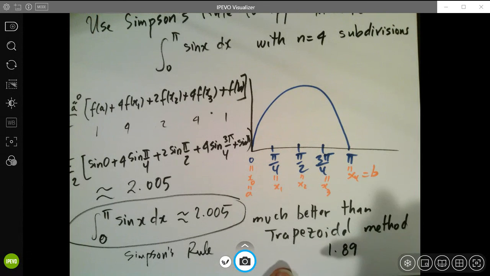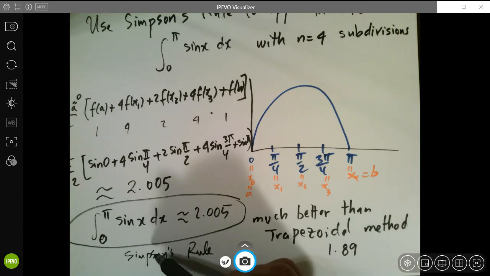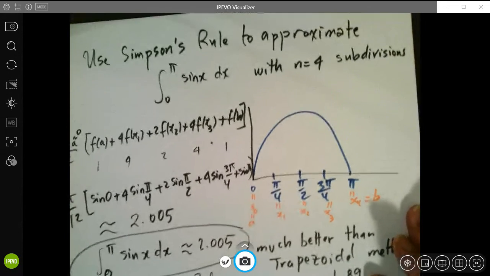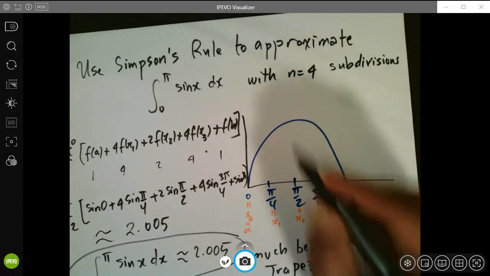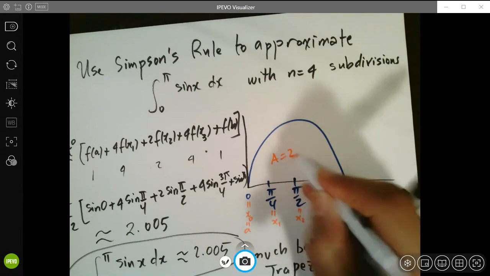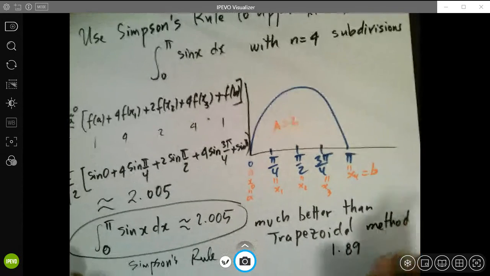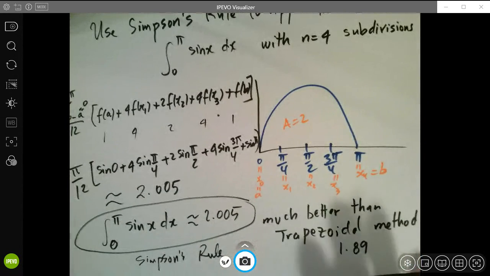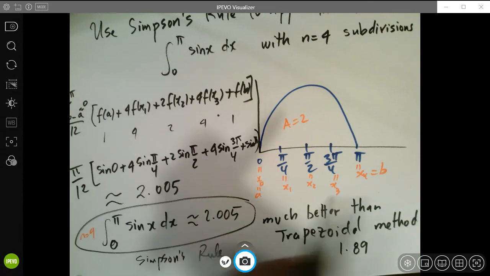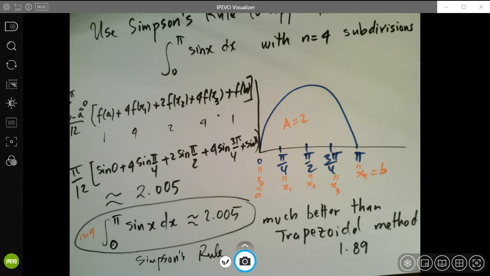So Simpson gives us this one, trapezoidal gives us this one. But remember the area here is exactly 2. Both of them are just approximations, but this one is better. We can see already for n equals 4, n is small, it is a very good approximation.